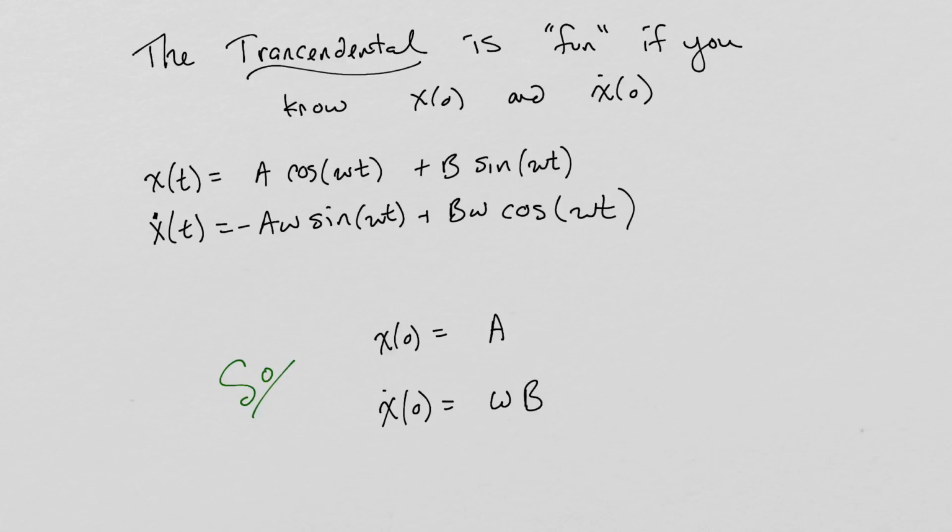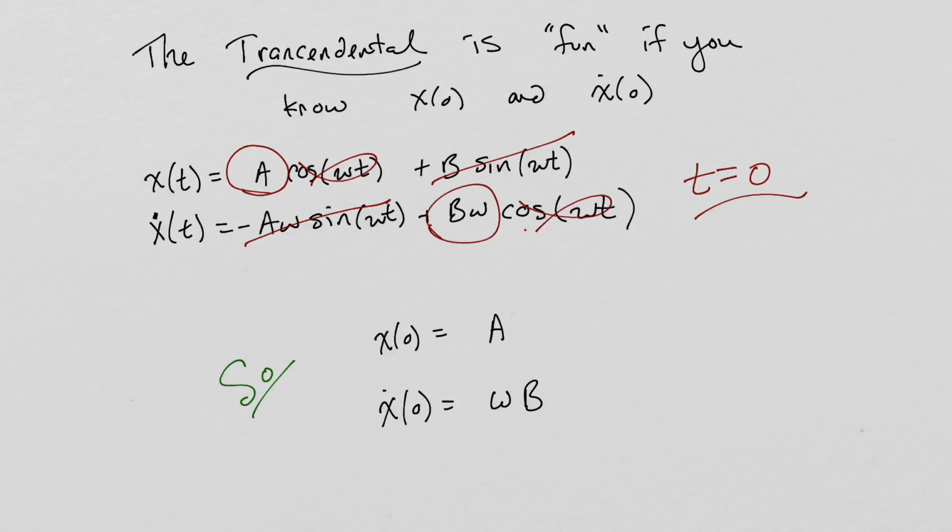And the reason I like this is because when I go to my initial conditions, which I almost always set to be t equals 0, in this parameterization, two of these terms just disappear. The two cosines go to 1, and I'm left with x just being a and x dot just being b times omega.